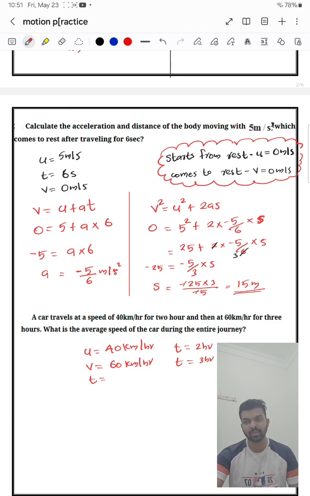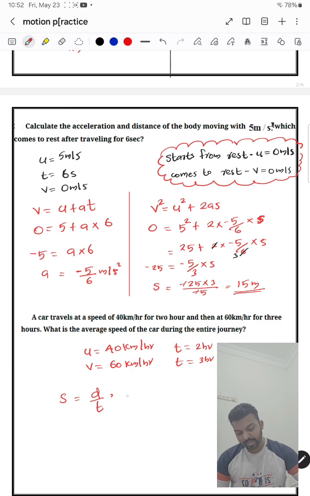So what is the equation for finding the average speed of a vehicle? Average speed is equal to total distance divided by total time. Is the total distance given here? No, the total distance is not given, so you have to find the distance first. Clear? Since the speeds and the times are given, we know speed is equal to distance by time, so distance is equal to speed into time.